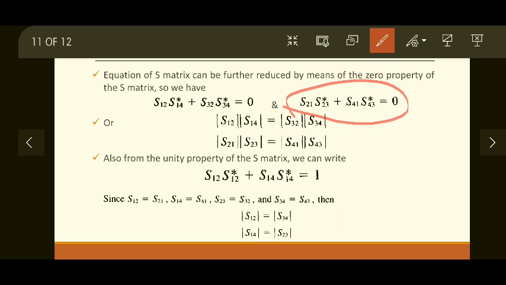What we have assumed, this is P. So this is P into S23 conjugate, and S34 is this one, so this is again P. P into S41 or S14 is equal to 0.